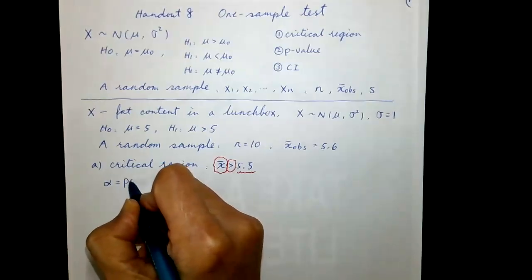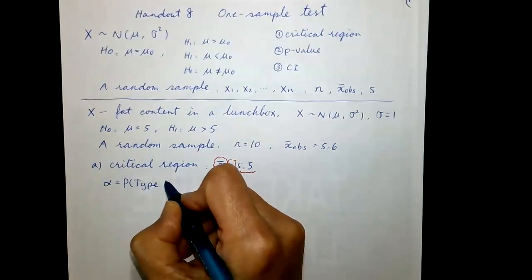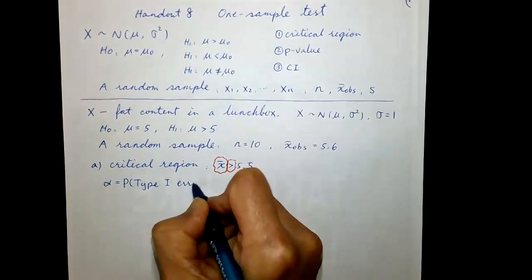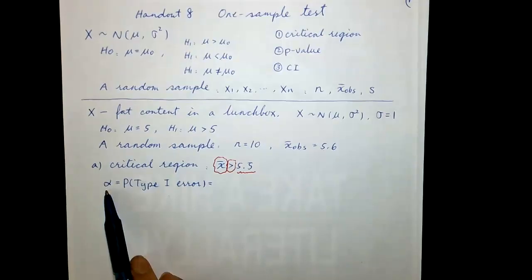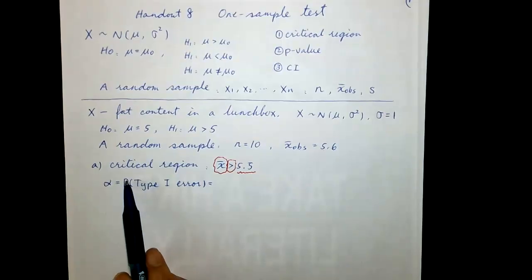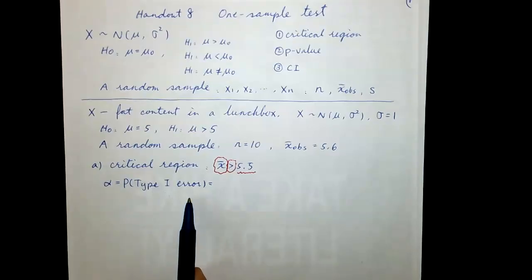It's the probability of making type 1 error in your hypothesis test. So alpha is a probability, so it can't be greater than 1, can't be negative. Too many students write in the wrong way by ignoring this big P here. Alpha is not type 1 error, it's the probability of making type 1 error.